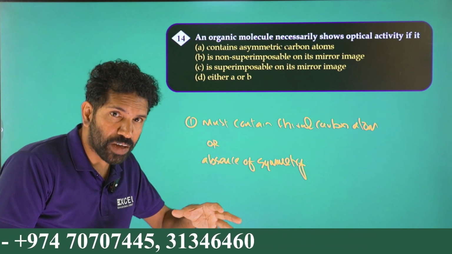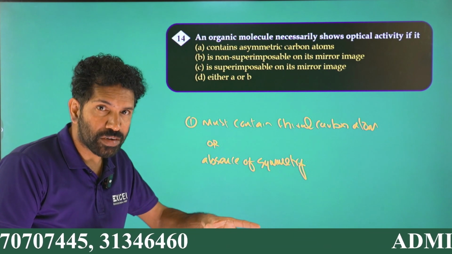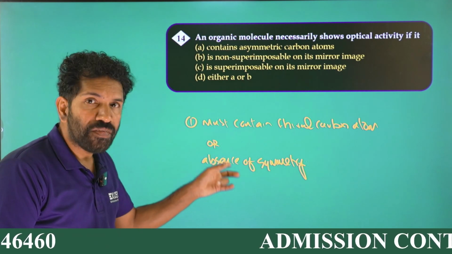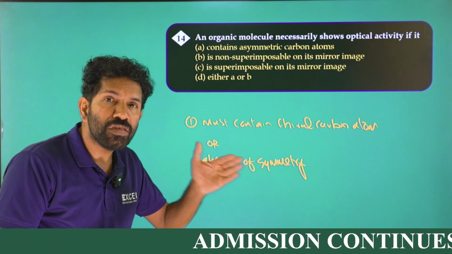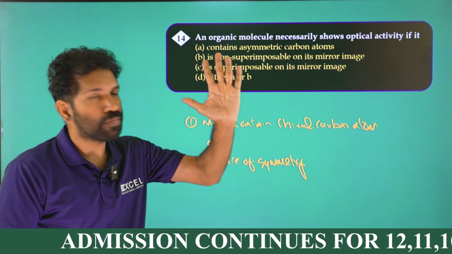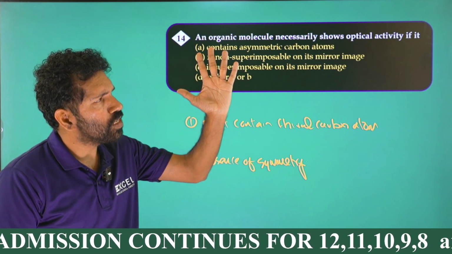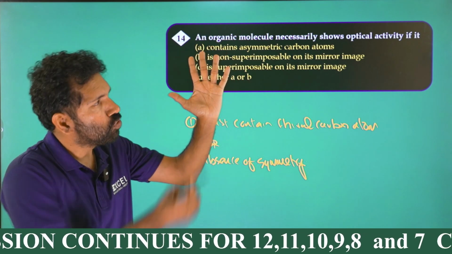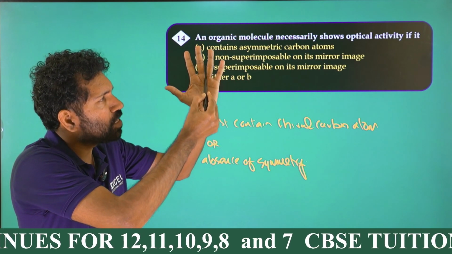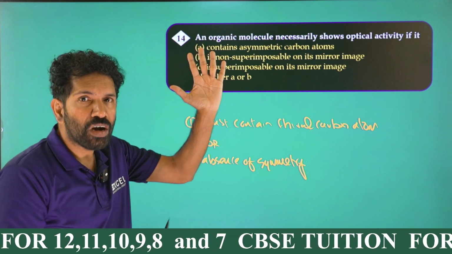Some compounds have no chiral carbon atom, yet they are optically active because they have an absence of symmetry. If I talk about our palm, you can see there is no symmetry here. You can't divide this palm into two equal halves. If I divide it this way, you will not get two equal halves.